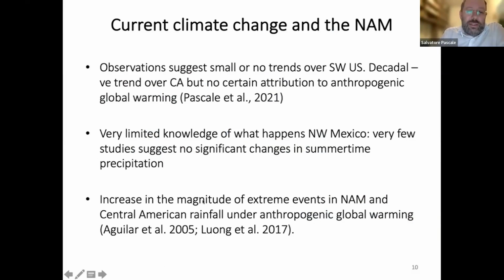We also have to say that these trends are in general also associated with the decadal variability, which is very important, as it is for the South American monsoon, also for the North American monsoon, which is an area surrounded by the Pacific and Atlantic, so it's influenced a lot by what happens in these two oceans. There is overall limited knowledge of what's going on in terms of trends in Central America and Mexico. And we have more confidence instead in the indication about the increases of extremes, especially in the southwestern US, okay?